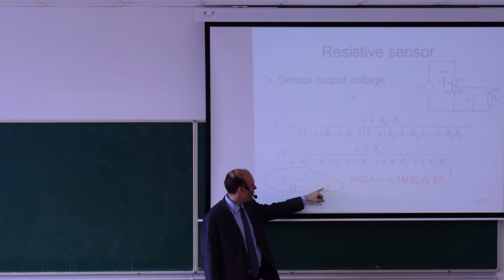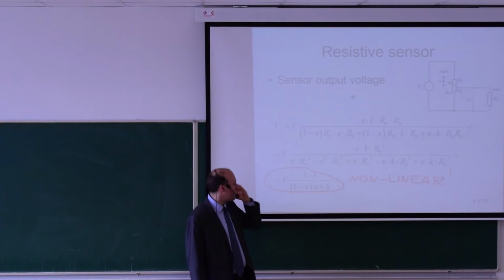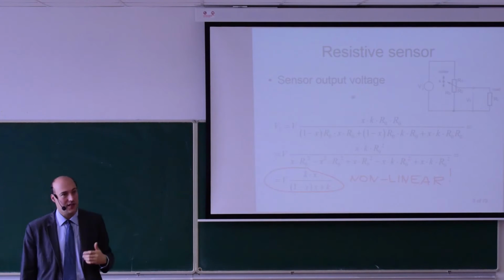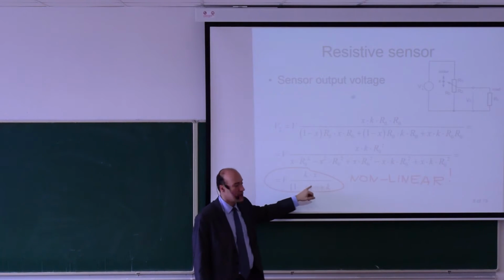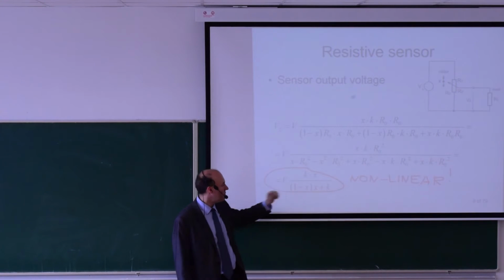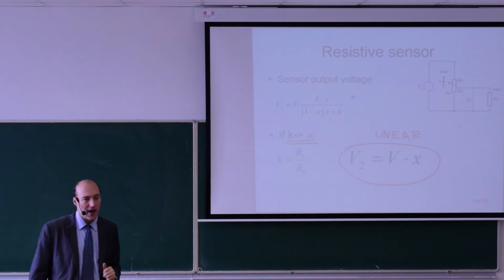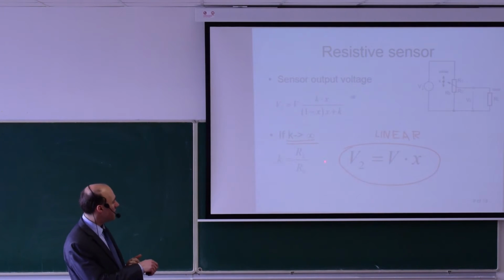This formula, we want to have it as a linear equation. The only way I can get it to be linear, or more or less linear, is if I would be able to eliminate this influence of the k. So if you make the value of k very large, then you will get a linear equation.